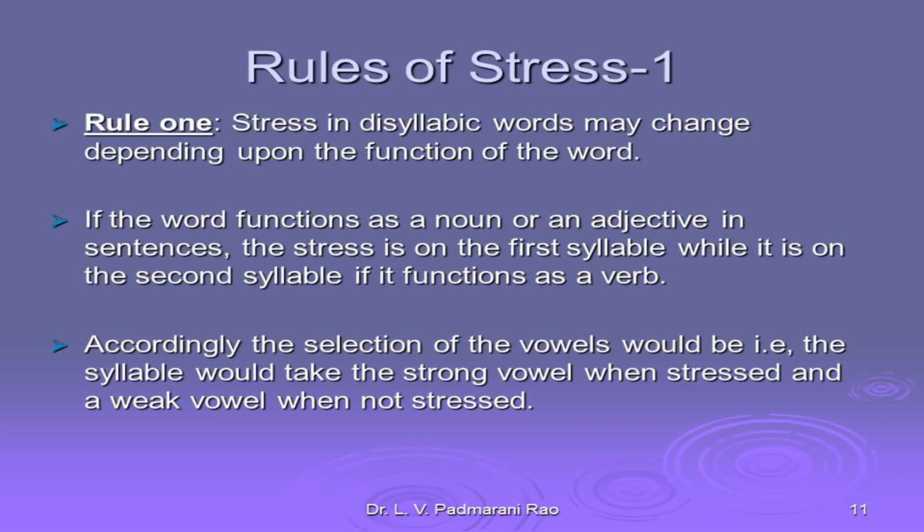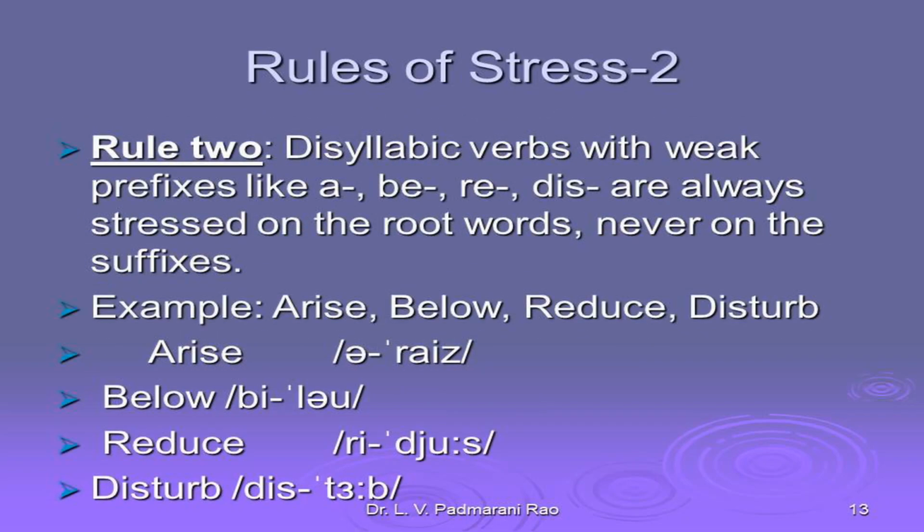Accordingly, we have convict pronounced as a noun and convict pronounced as a verb. Import, a noun; import, a verb. Object, a noun; object, a verb. Subject, a noun; subject, a verb. This rule is also called the functional rule of stress.